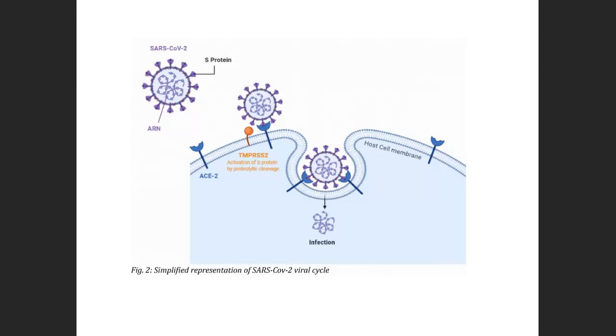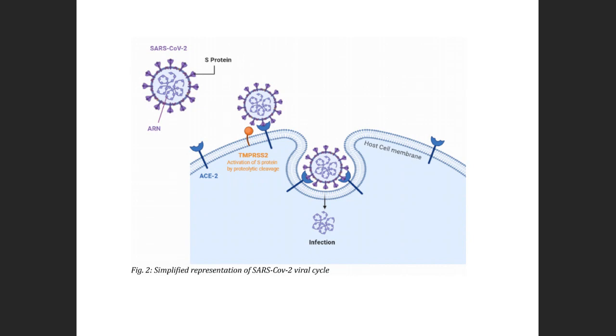On the next slide, what we need to focus on is the binding. ACE2 is the receptor, and this S protein binds to the ACE2 receptor. This receptor is on many different cell surfaces, a lot of them, and so the binding allows the infection.